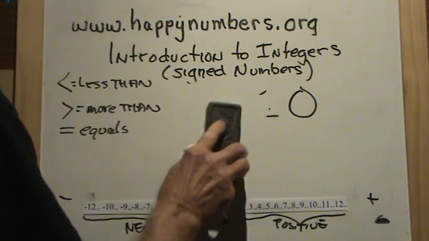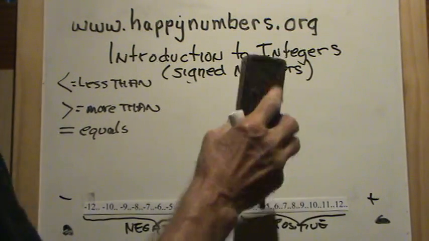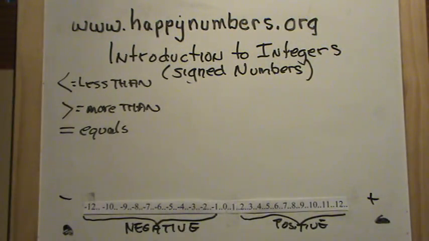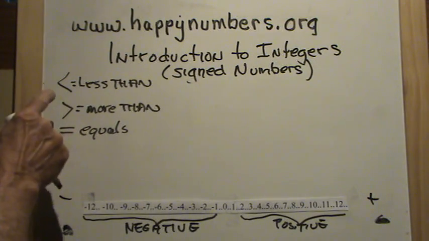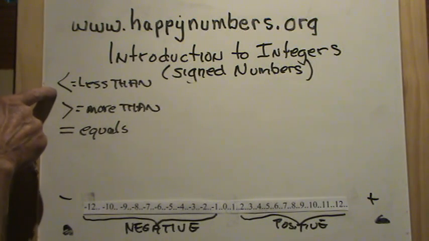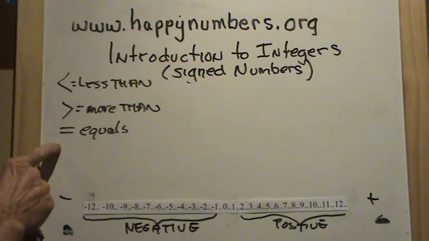All right, quick review. Integers are all of the positive and all of the negative counting numbers and 0. As you move in the positive direction, things get larger. As you move in the negative direction, things get smaller. We want to be clear that we understand the symbols less than, more than, and equal to.